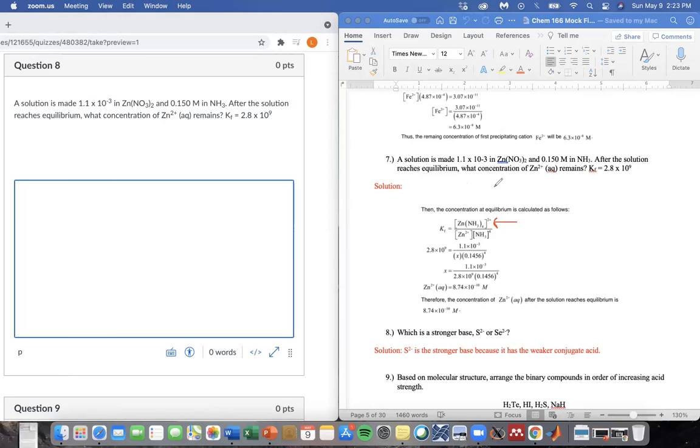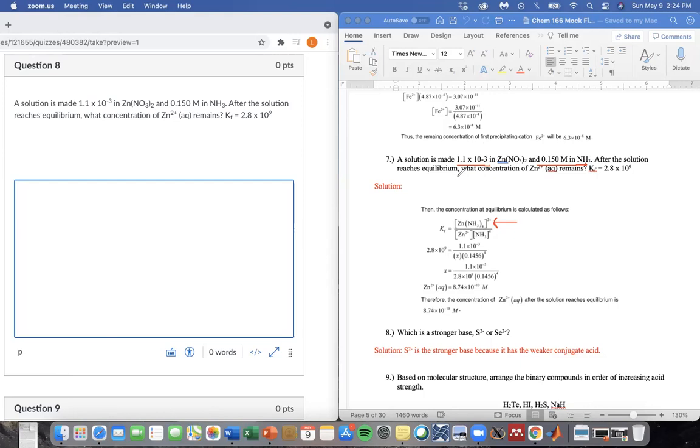If you were to do an ice table first and figure out the concentrations, you would know that the zinc was the limiting reactant because it's only 1.1 times 10 to the negative 3 as opposed to the 0.15 molar NH3. Even though the NH3 uses 4 moles for every 1 mole of zinc, it doesn't really matter because the concentration of the NH3 is so much higher than the zinc here.